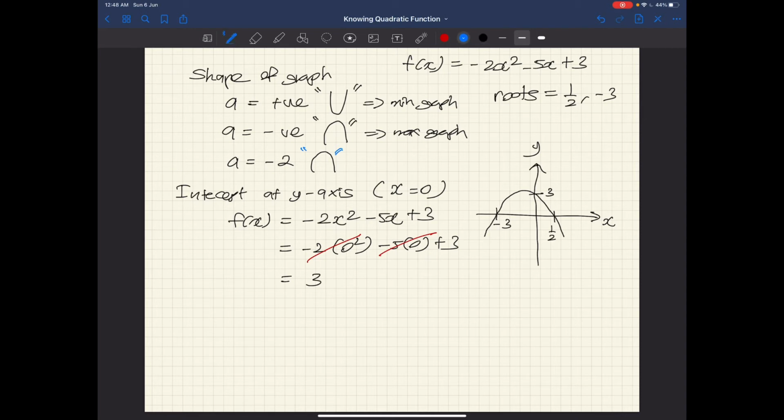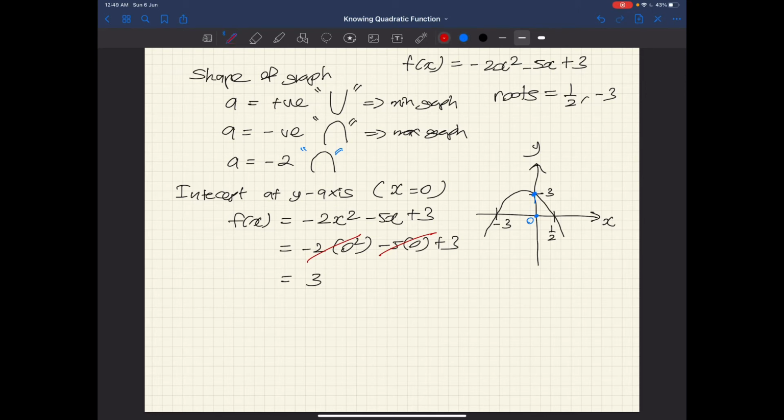The roots are located when your y is equal to 0. So at this point your y is equal to 0, and you have your values for x. Likewise, your y-intercept is defined when your x equals 0. So at this coordinate here, your x is equal to 0, correct? That's where you will find the intersection for your y.